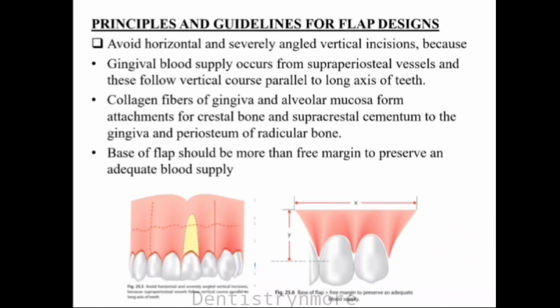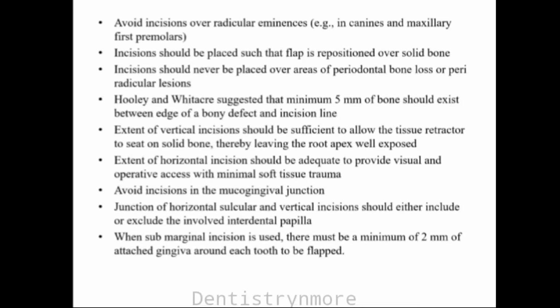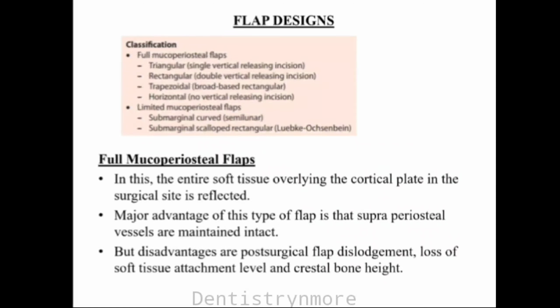Base of the flap should be wider than free gingiva to preserve an adequate blood supply. Avoid incision over radicular eminence. Incision should be placed such that the flap is repositioned over the solid bone. So you should read the principles and guidelines that are given here. So very important.